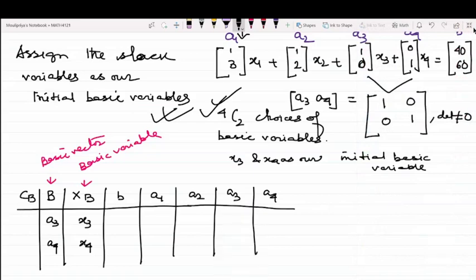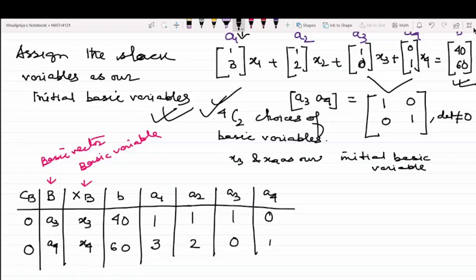Acha. So what are the cost parameters corresponding to the basic variables? The cost parameters are 0 each. Okay. What about small b? The right hand side, if you refer to this equation, small b would be 40, 60. A1 is 1, 3. A2 is 1, 2. A3 is 1, 0.